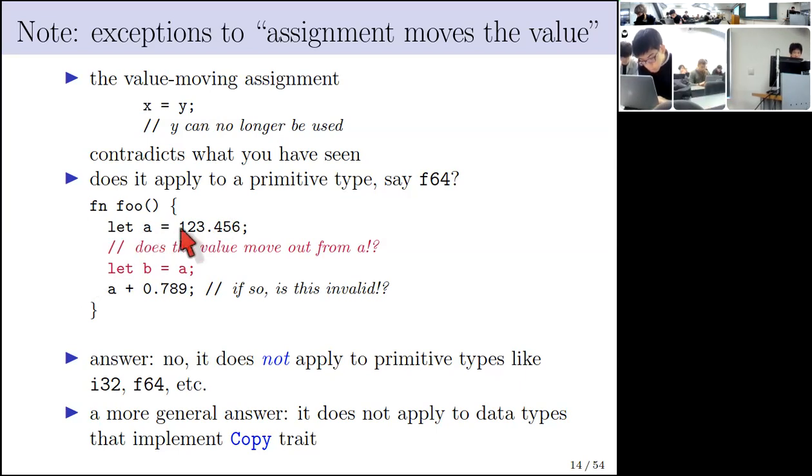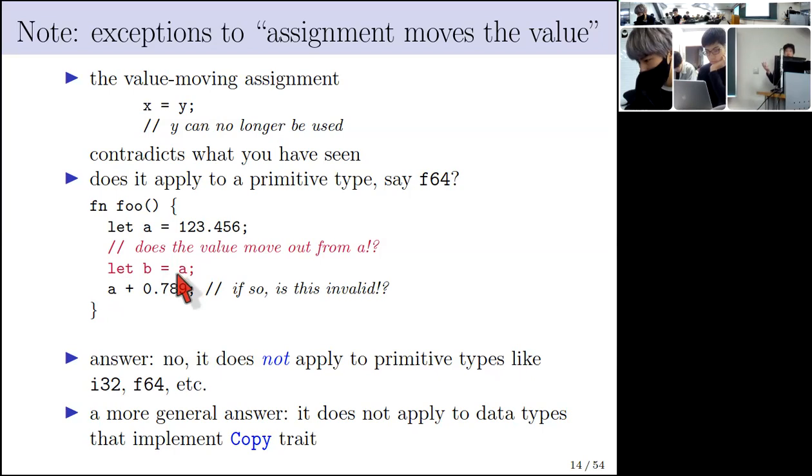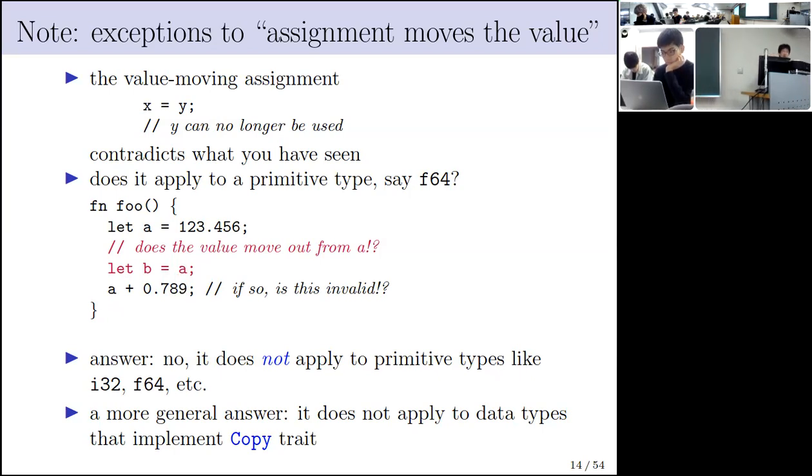Let's say you have a variable of floating point number a. You assign a to another variable b. Then according to the rule I have mentioned, you shouldn't be able to use a anymore after this assignment. Is it really the rule you have been programming Rust with?